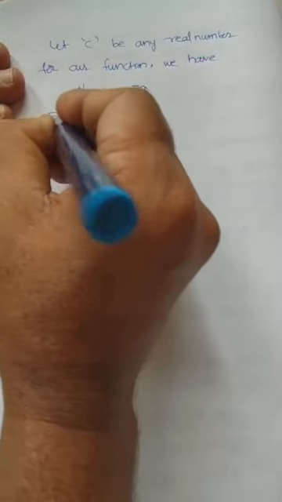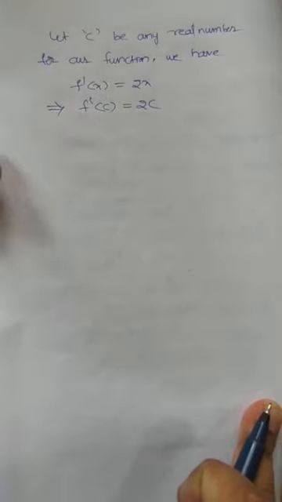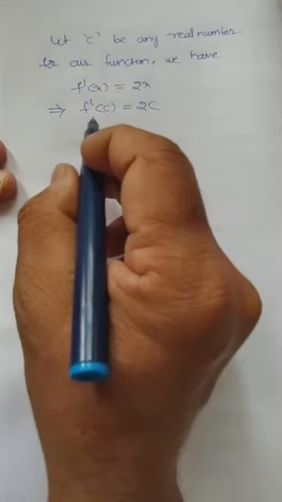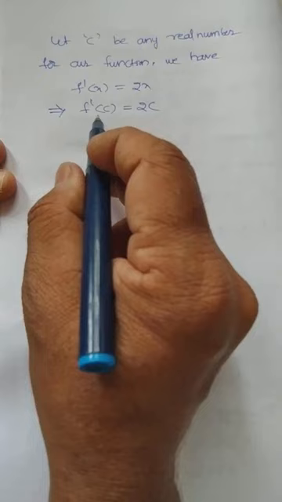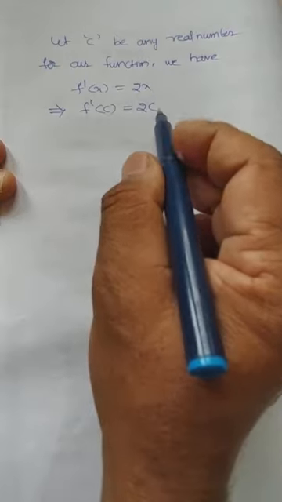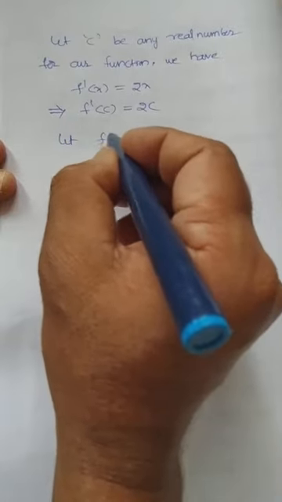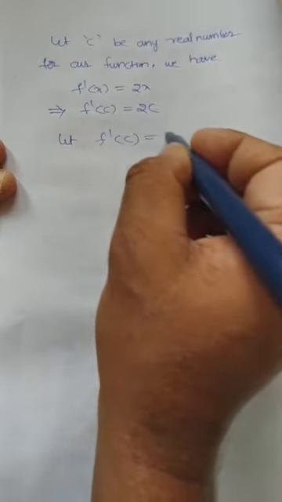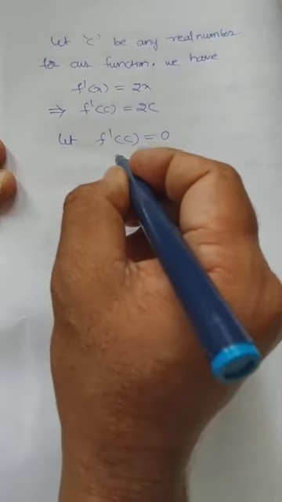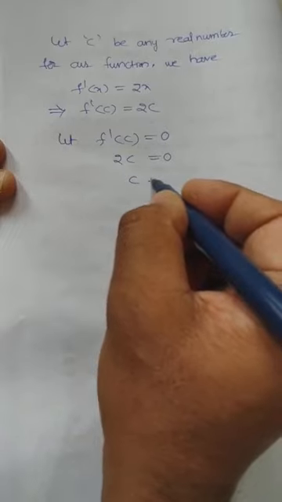That implies f dash of c will be 2c now. Okay. So next step, what is our next step? We have to equate this f dash of c value to 0 to find out the c value. Let f dash of c be equal to 0. So that 2c value is 0. So I got the c value as 0.